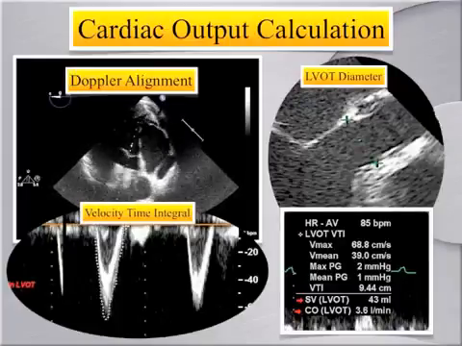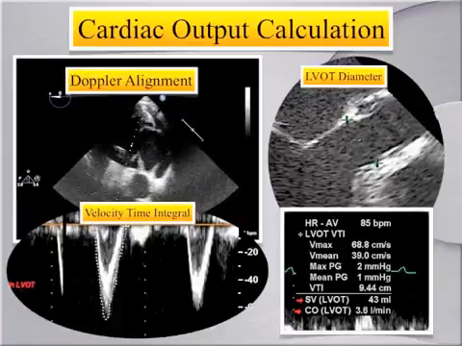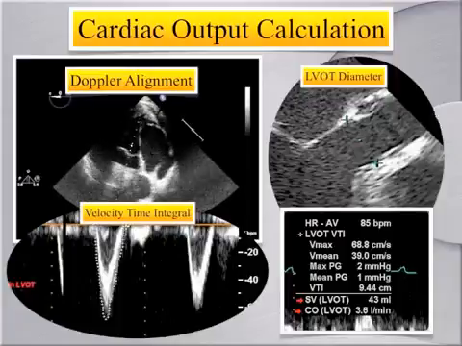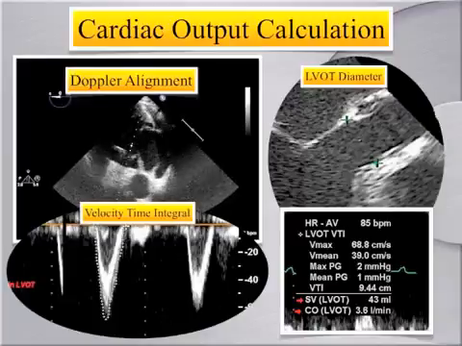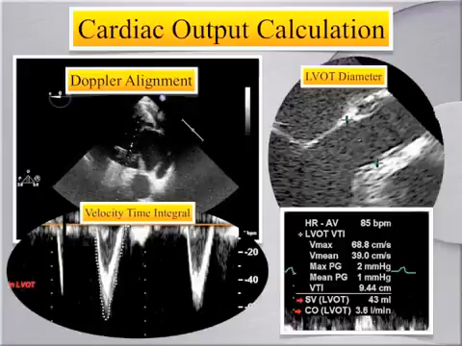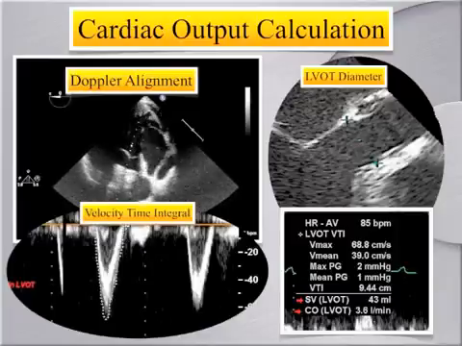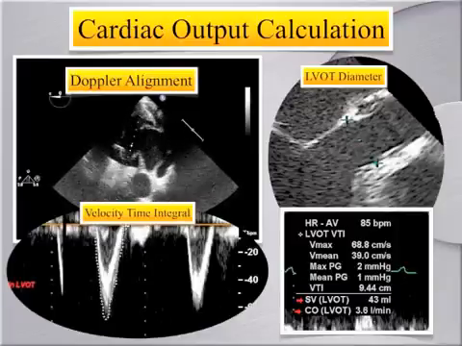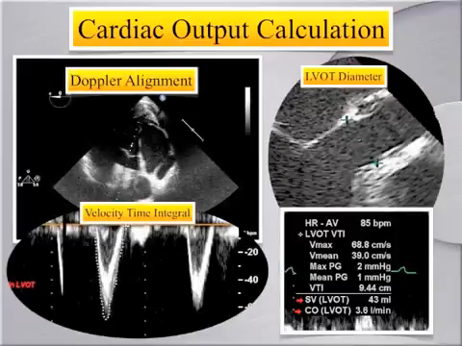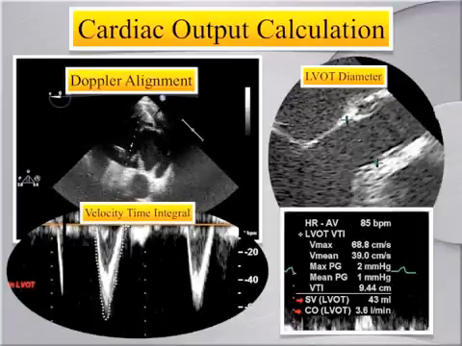On the right of the screen, the LVOT measurement is obtained in the mid-esophageal aortic valve long axis view, with the depth reduced to focus on the valve and LVOT and enhance accuracy. The diameter is measured within 1 centimeter of the valve during valve opening. A heart rate is calculated by recording the RR interval from the electrocardiogram. The echo machine will then calculate both a stroke volume and a cardiac output using this data.